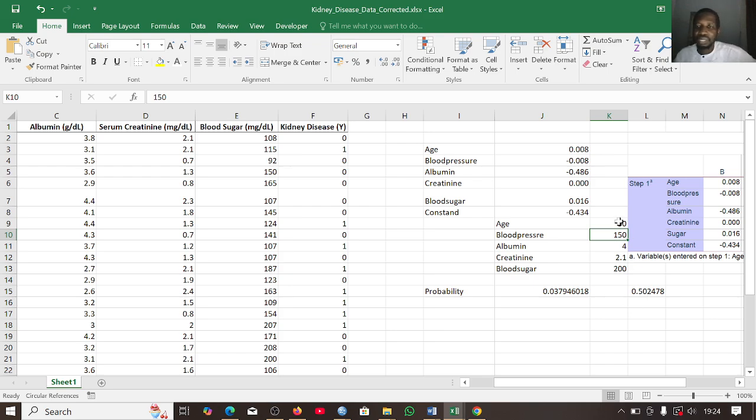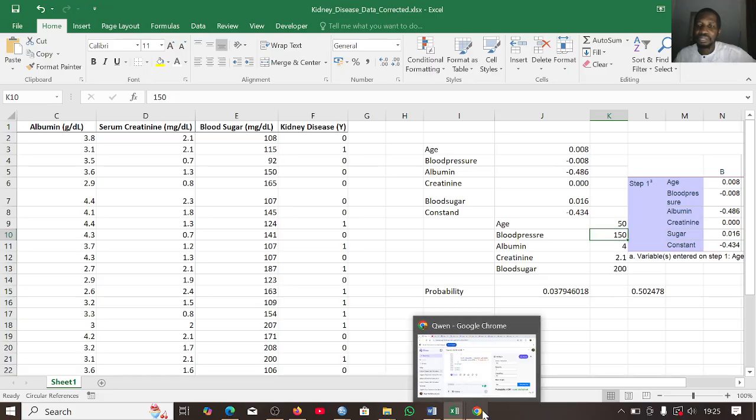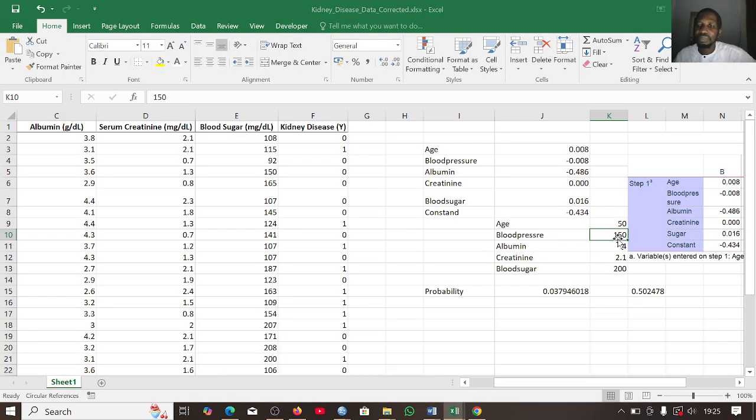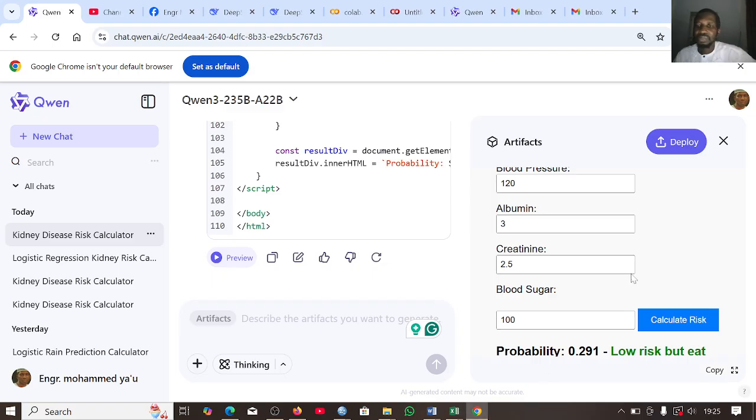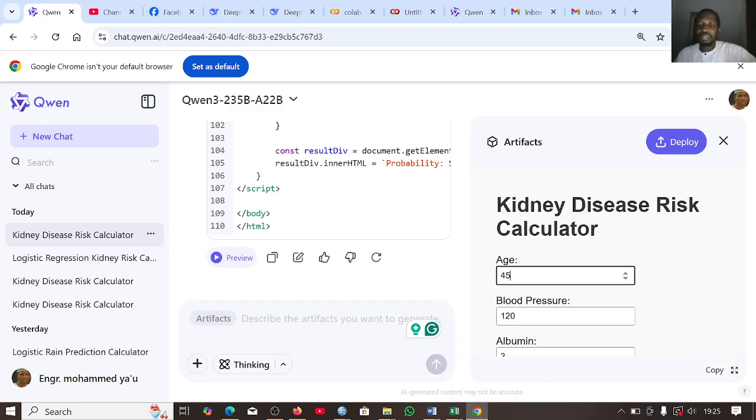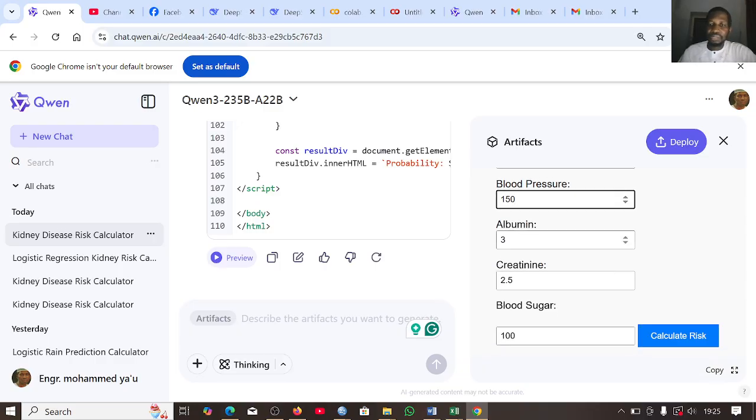So let me just copy this data into the calculator we have developed. I got 50, 150, and 4. So I'll write here 50, then 150. Here I used 4.